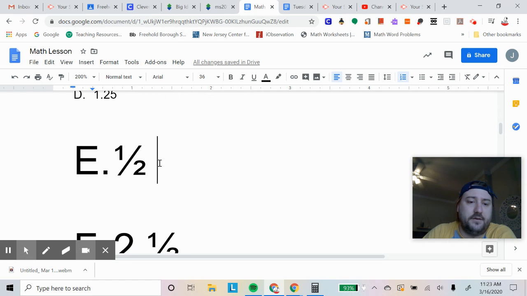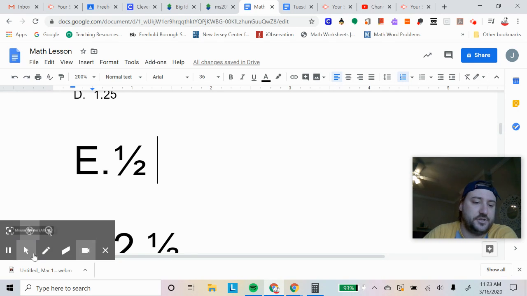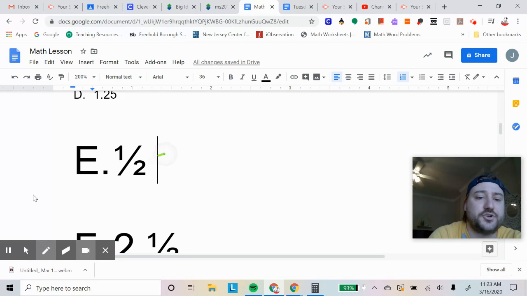Let's go off to 1/2. How do we change a fraction to a decimal? That too is a pretty straightforward process. You take your fraction and divide in order to find the decimal. You take the top number, put it inside, the bottom number outside, and then you divide.